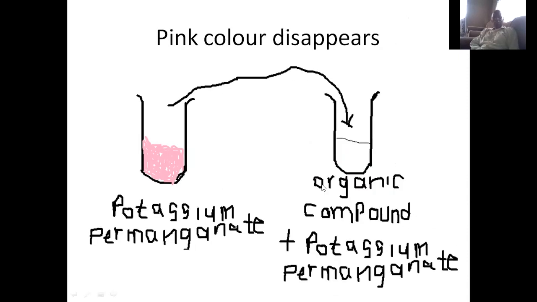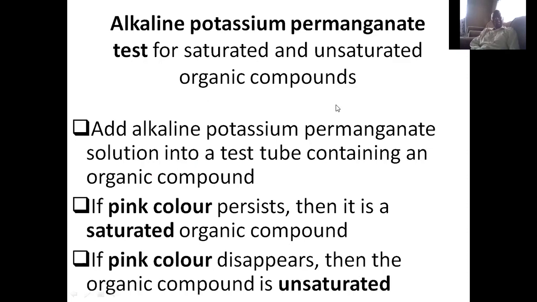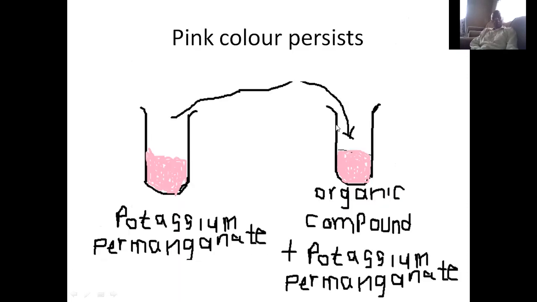That is, if you add potassium permanganate to the organic compound in the test tube and the pink color disappears, it means that compound is unsaturated, which in our case is an alkene.